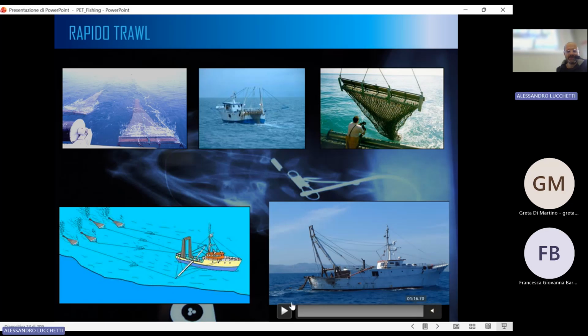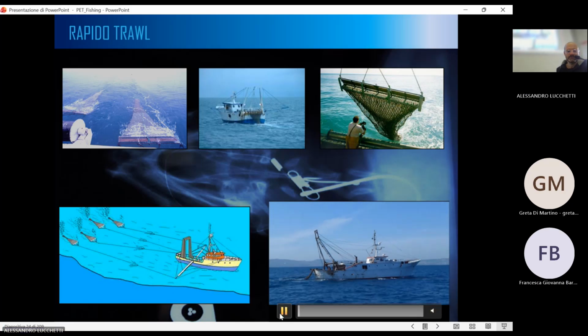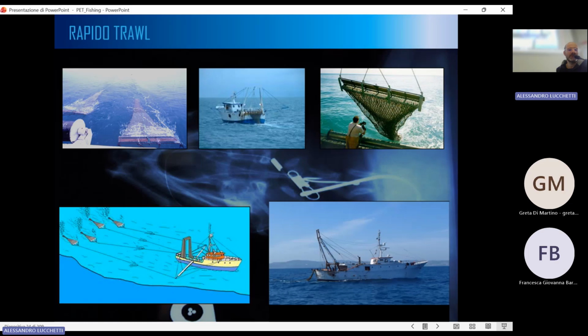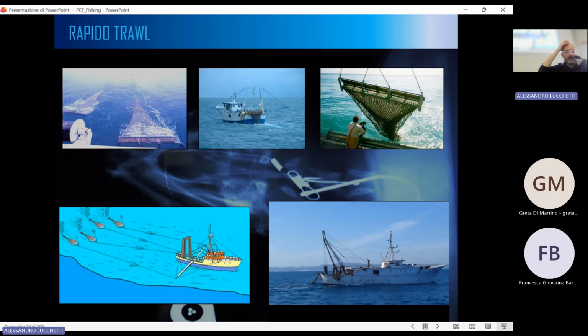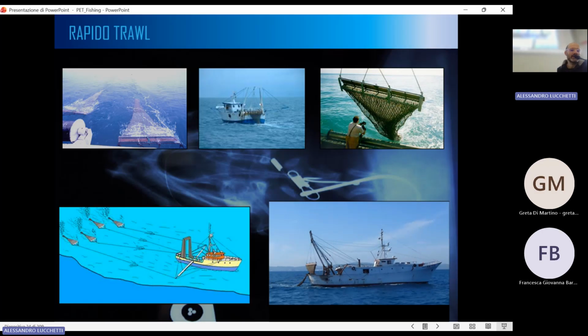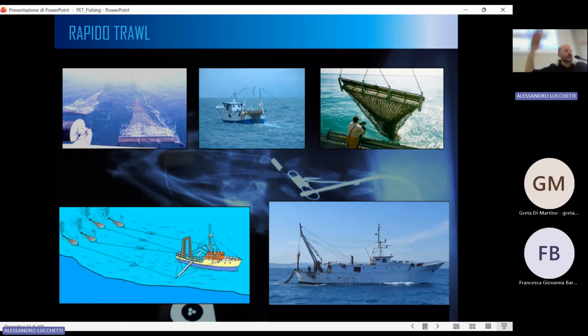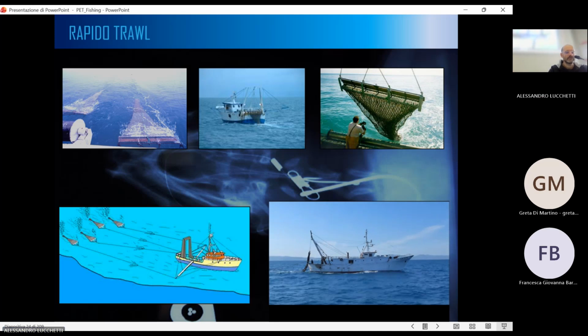If you see the speed, you can imagine why this type of gear is called rapido trawl. In the North Sea, they classify this type of gear as a beam trawl. Beam means spar.